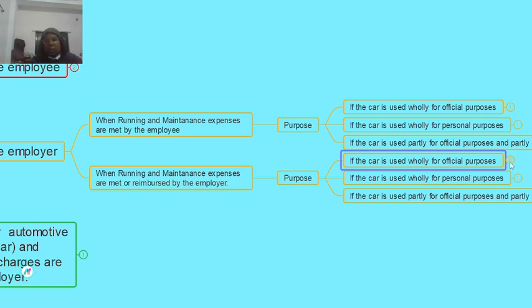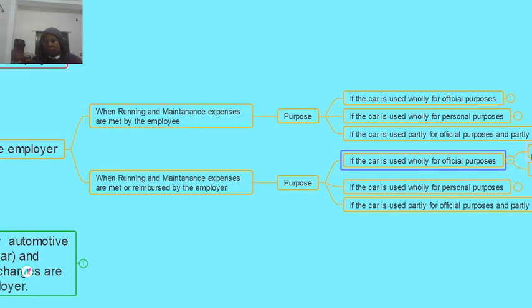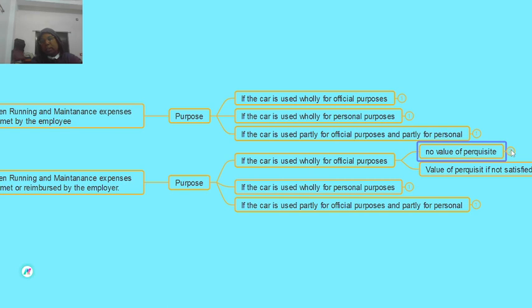If the car is wholly used for official purposes, that is, the car is owned by the employer, the expenses are made by the employer, and the car is used wholly for official purposes, in that case there is no perquisite if two conditions are satisfied.